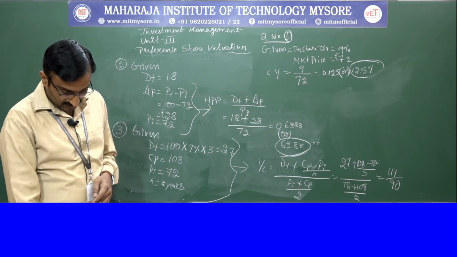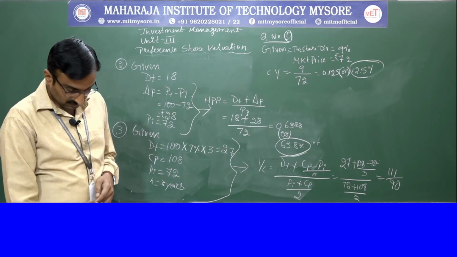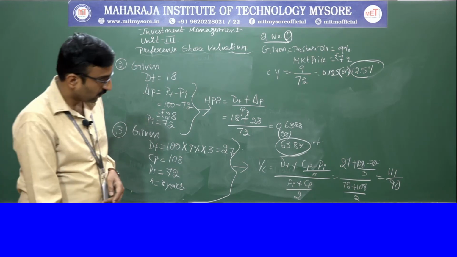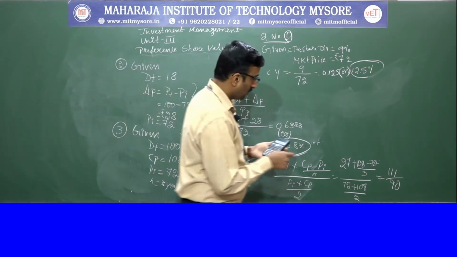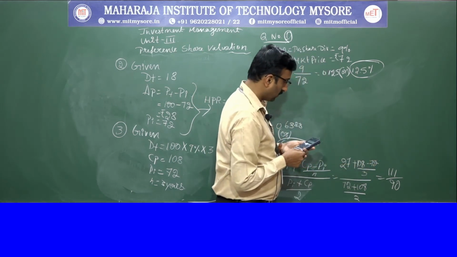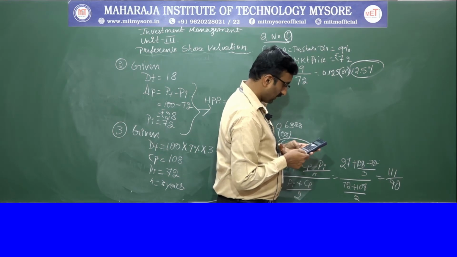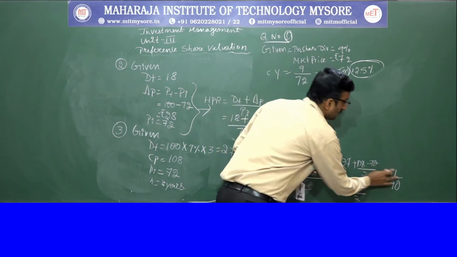Sorry, 108 minus 72 divided by 3 is equal to 12. 12 plus 27 is 39.